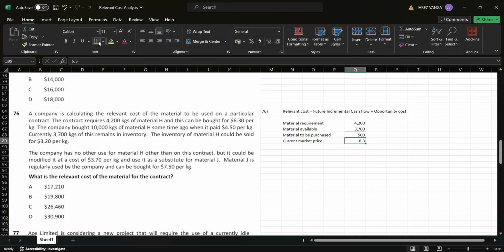So the future incremental cash flow will be 500 into 6.3.